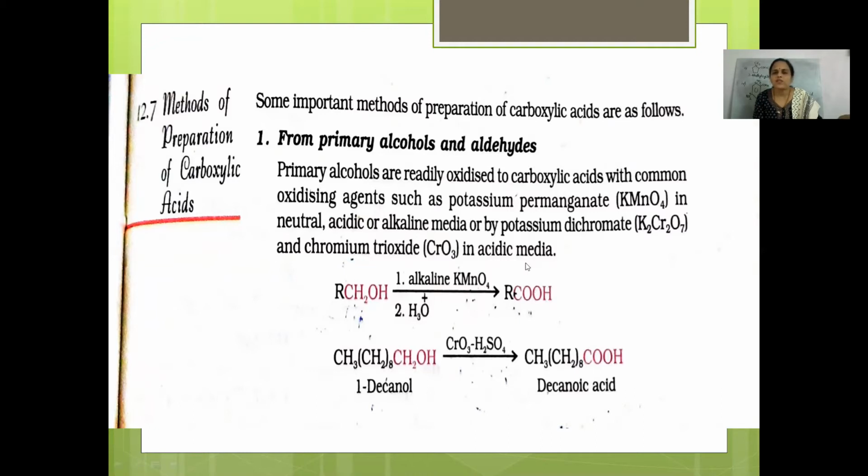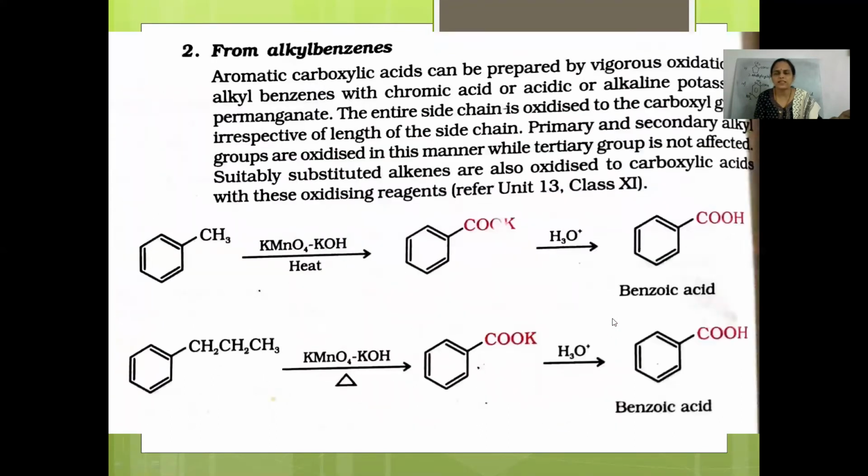Primary alcohols, on treatment with oxidizing agents and hydrolysis, result in the formation of carboxylic acids, RCOOH. 1-decanol on treatment with CrO3 in presence of H2SO4 gives decanoic acid. So that was the first method of preparation.